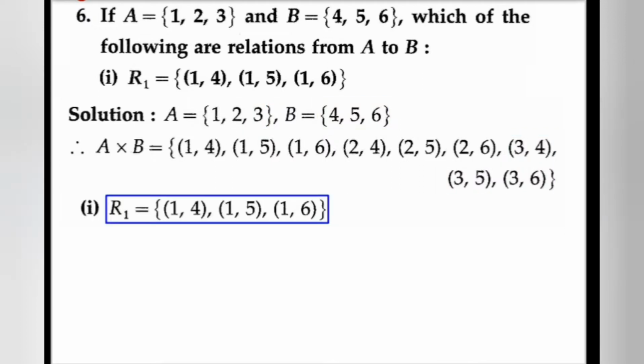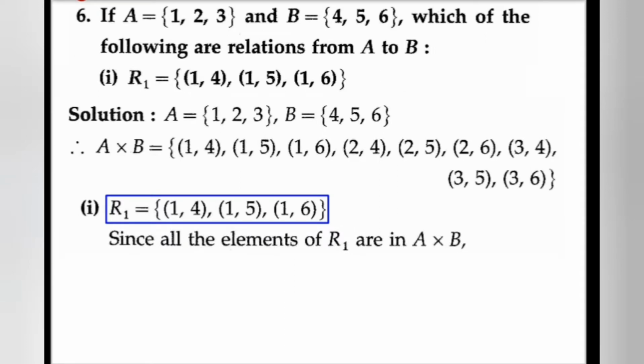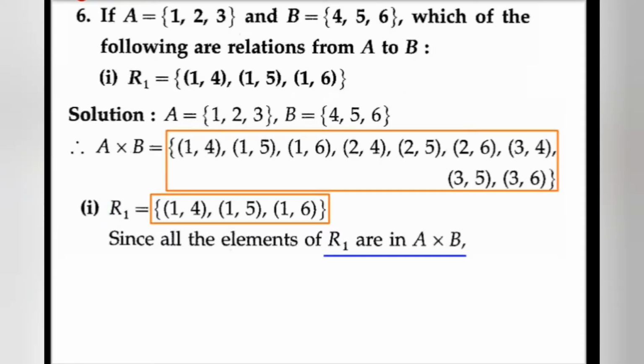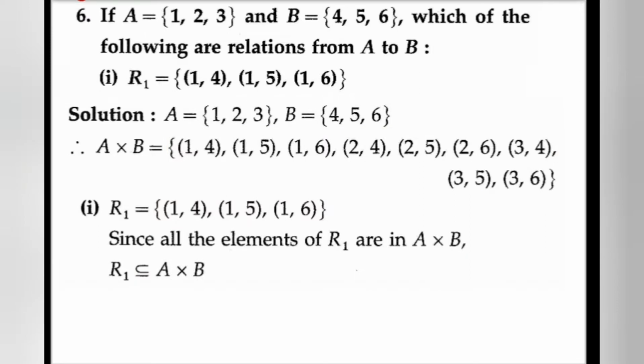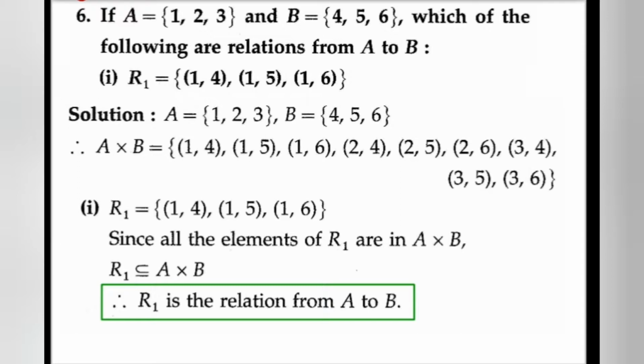Therefore, R1 is equal to set of (1,4), (1,5), (1,6). Since all the elements of R1 are in A cross B, so R1 is a subset of A cross B. Therefore, R1 is a relation from A to B.